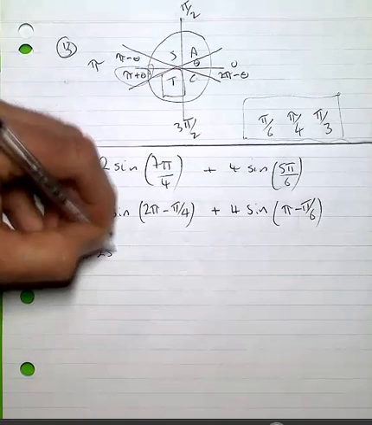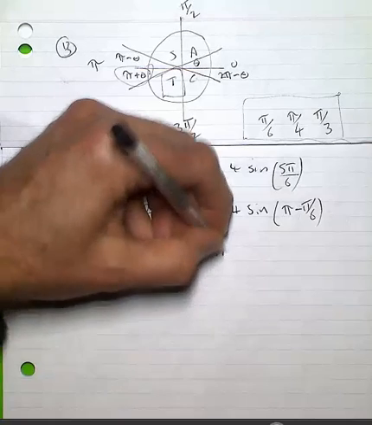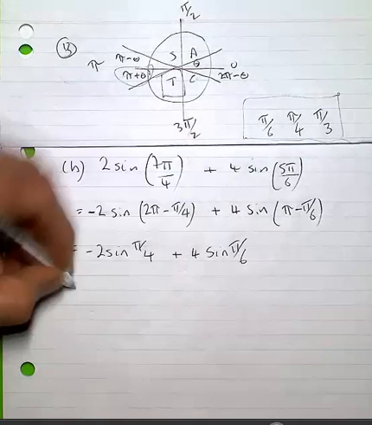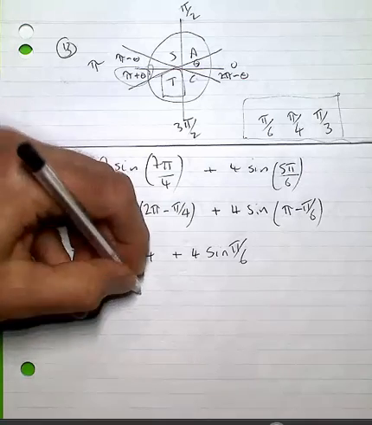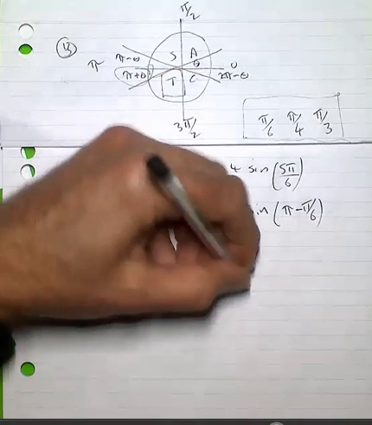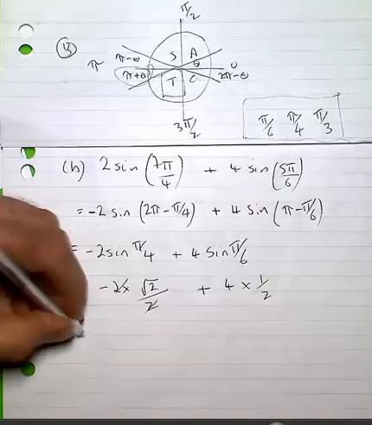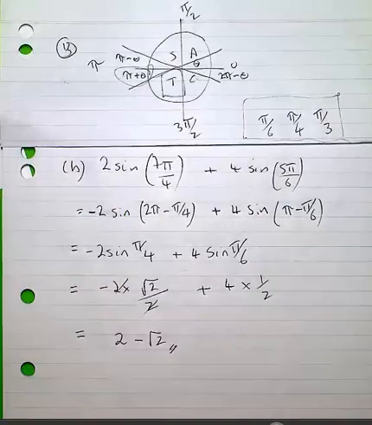So minus 2 sine pi on 4 plus 4 sine pi on 6. Now that's negative 2 times root 2 over 2 plus 4 times a half, which will give me 2 minus root 2 as my answer.